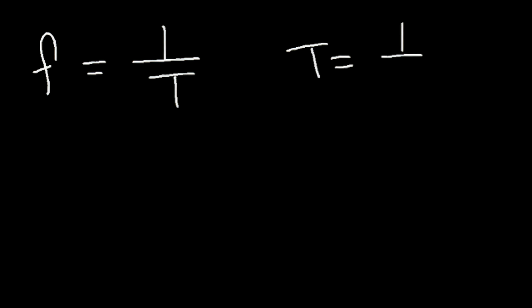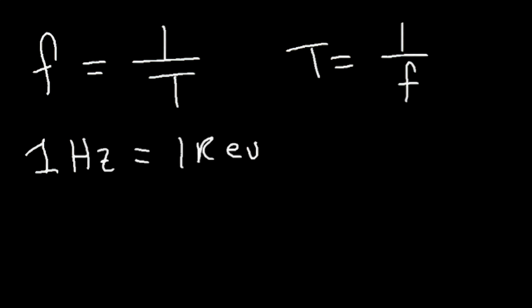But in a physics problem, you'll see that period just has the unit seconds though. Frequency is 1 divided by the period, and the period is 1/frequency. The unit for frequency is the hertz, which is really 1 revolution per second.